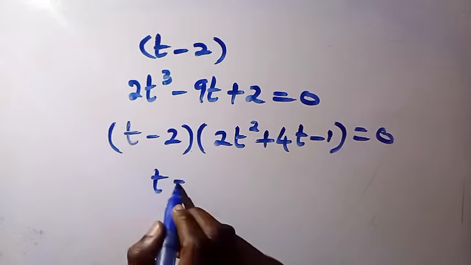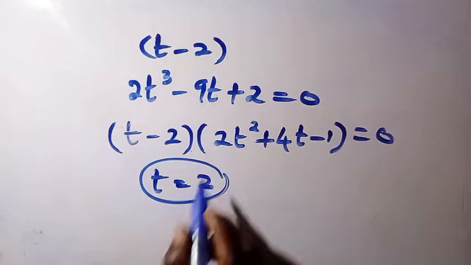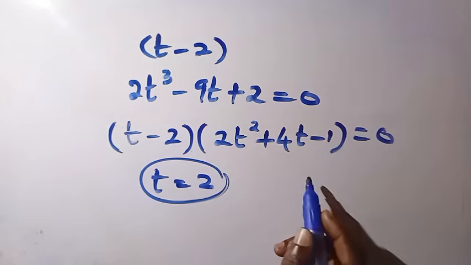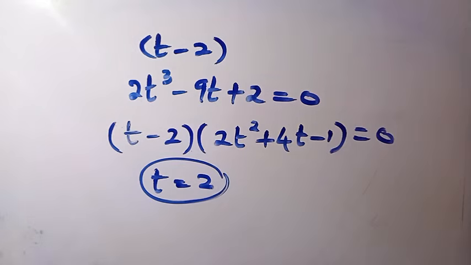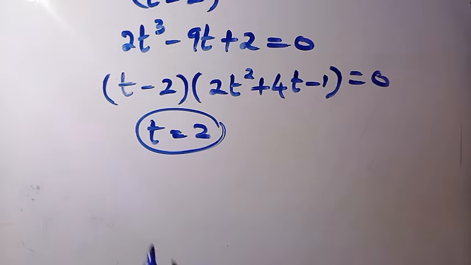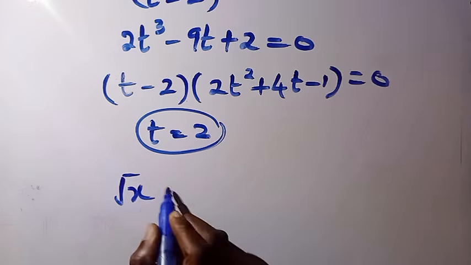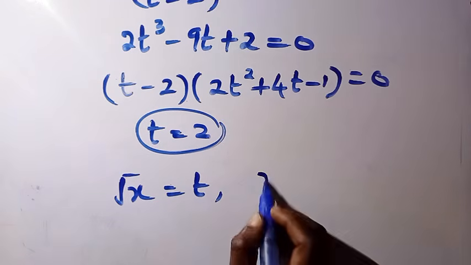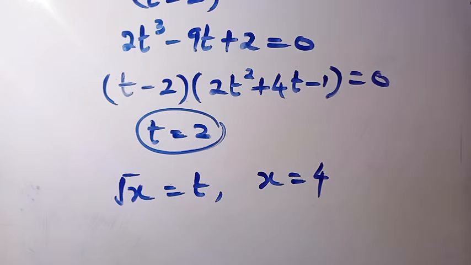So with this, we have t equals 2. This is the only value that I need. We can just try to get the other two values of t here, and we can take back the substitution. Since t equals 2, and don't forget that we have root x equals t, definitely we are going to have x as 4.